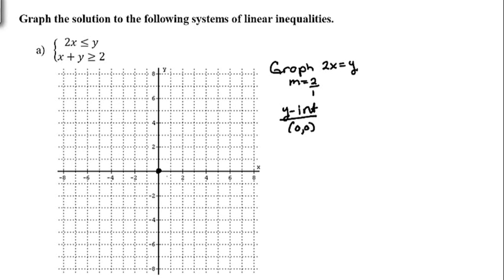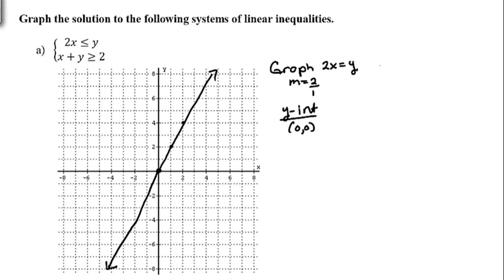So we have the y-intercept at (0, 0), and then our slope is 2, so we go up 2 and to the right 1, and up 2 and to the right 1. That will get you some points. And we graphed it with a solid line because it has the equal sign in it.